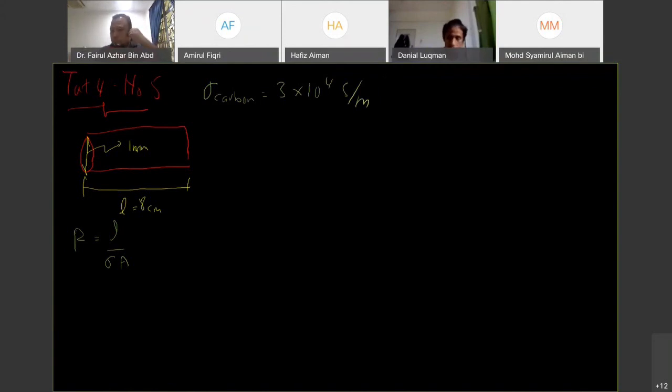We know that the length is equal to 8 centimeter, which is 0.08 meter. So sigma is equal to 3 times 10 power of 4.